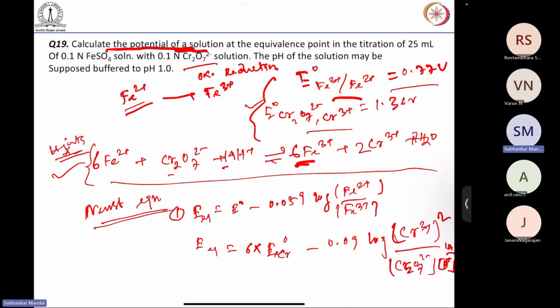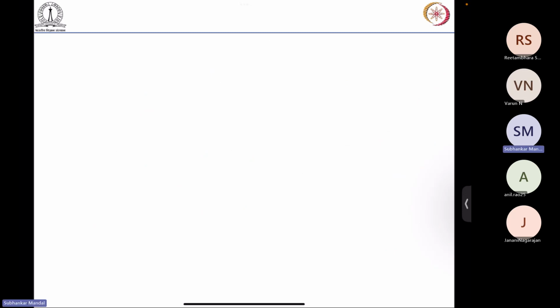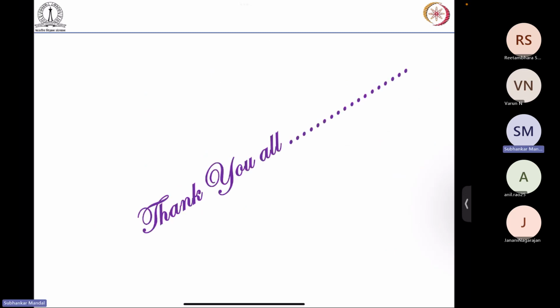So these two equations you will get. From there you subtract these two, then you will get the equilibrium potential of the cell. You know the standard potential and the concentration is also given, so then you can get the potential. That's all.